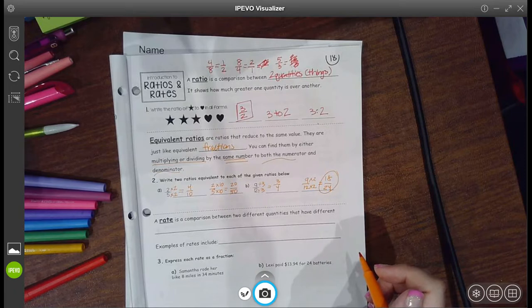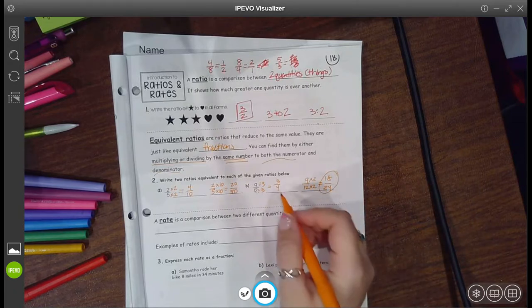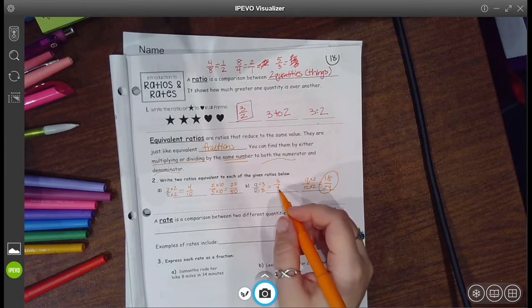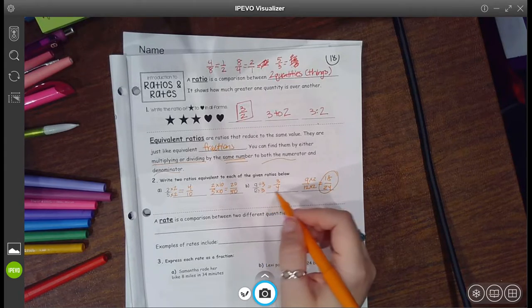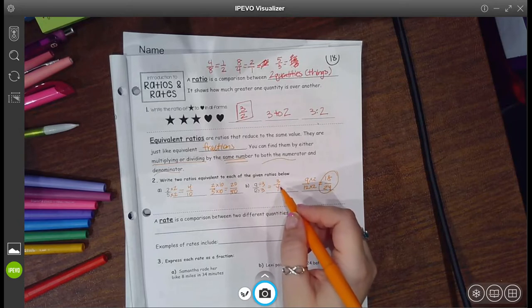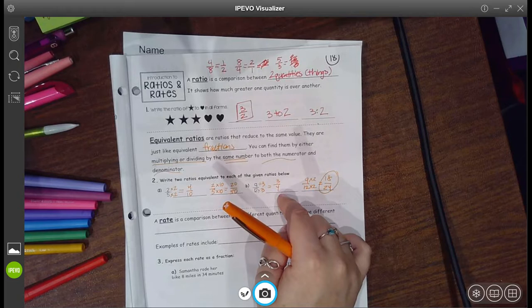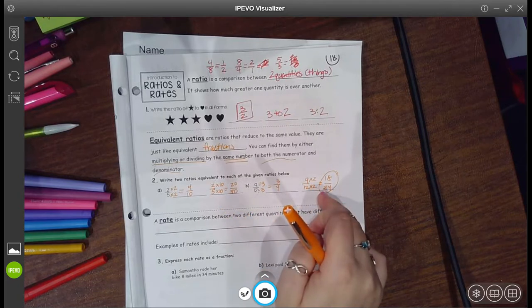The only hint I have for you when you're creating equivalent ratios is technically, yes, you could have used 3/4 and gone from there and maybe multiplied both the top and bottom by 2 or by 10. But let's say I made a mistake reducing this to 3/4. If I based my next equivalent fraction off of 3/4 and it was wrong, then this one would be wrong too.